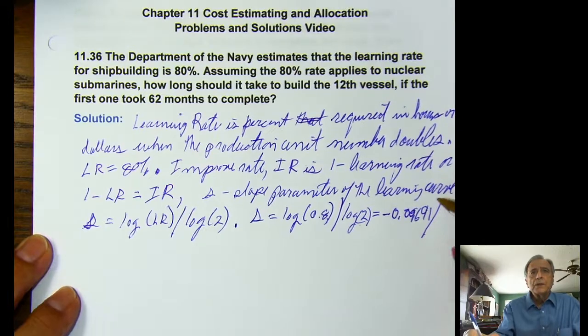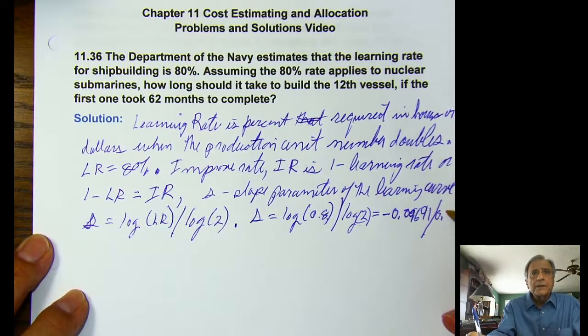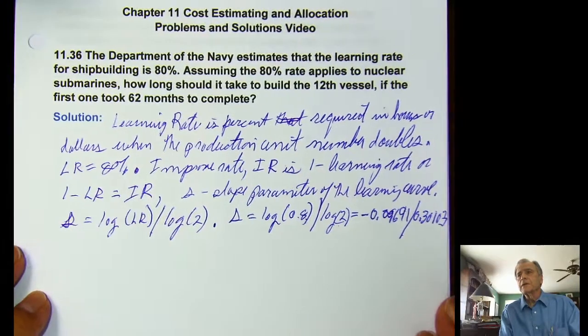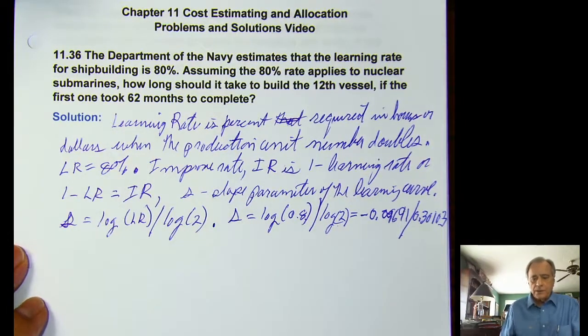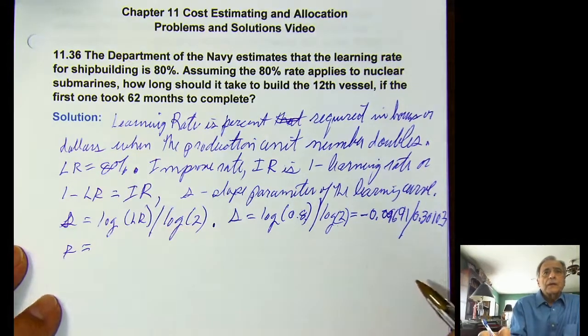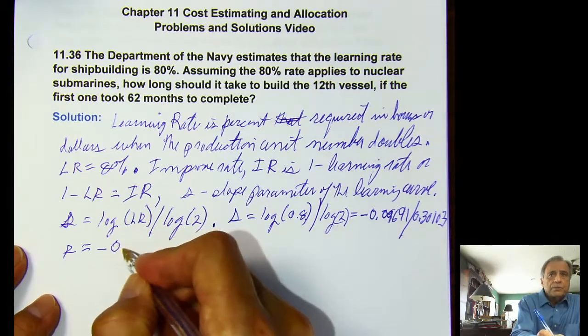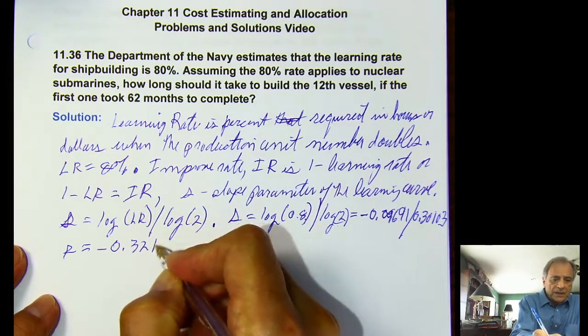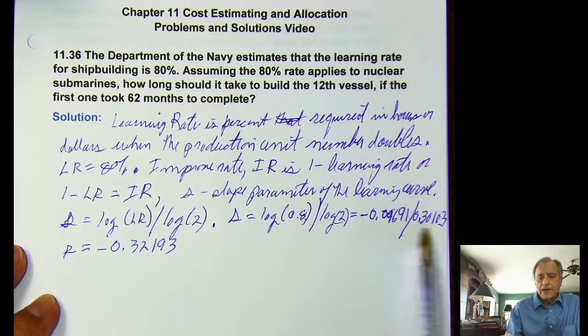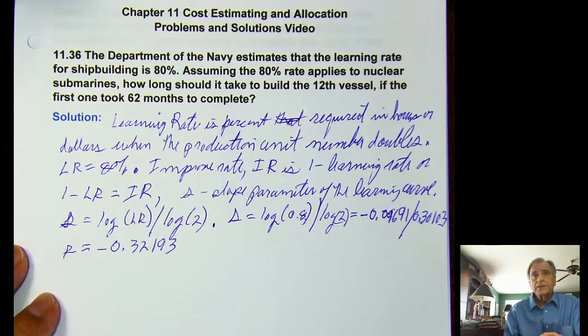Log of 2 is 0.30103. Let's see. There you go. And so when we do this math here, S will be equal to minus 0.32193. That's the division of the two log values. And since the numerator is negative, the denominator is positive, I'm going to get a negative number here.